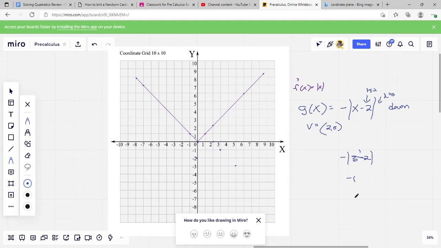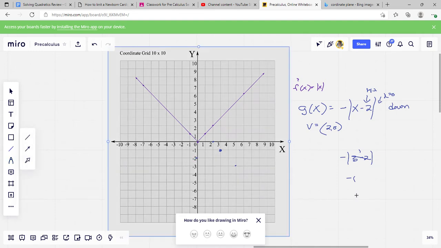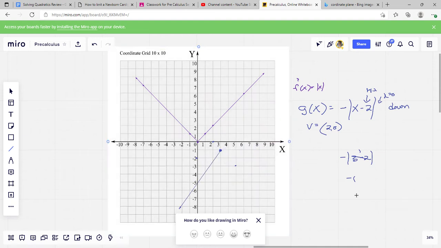So there's negative 1 right there. Alright, let's draw that one in. Okay, so there's that one.